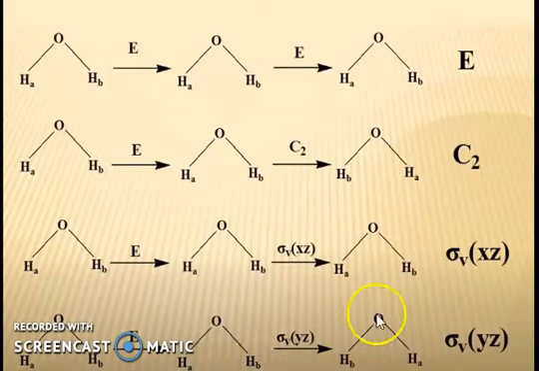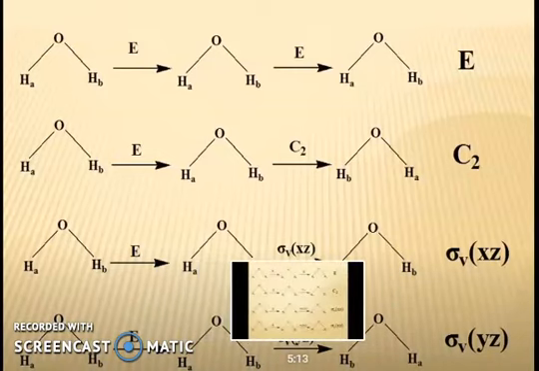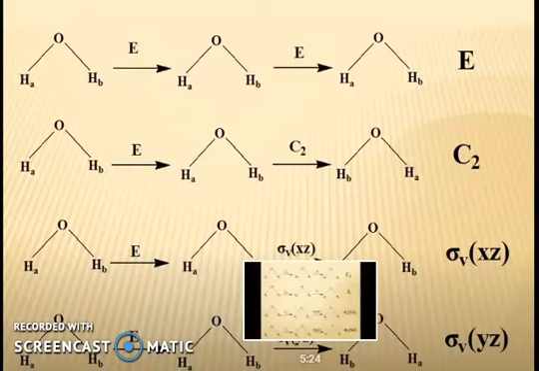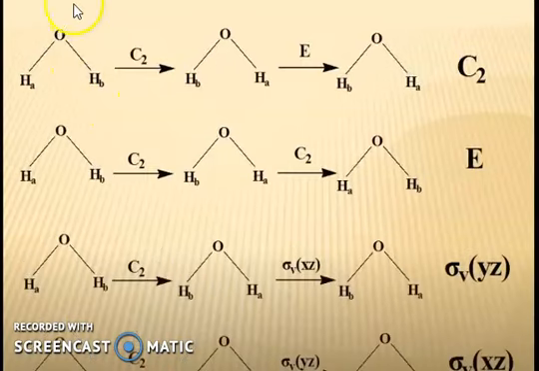Then we move to the next one, that is the C2 operation. On doing C2, HA and HB change their positions, so now we have the C2 configuration. C2 into E is equal to C2.